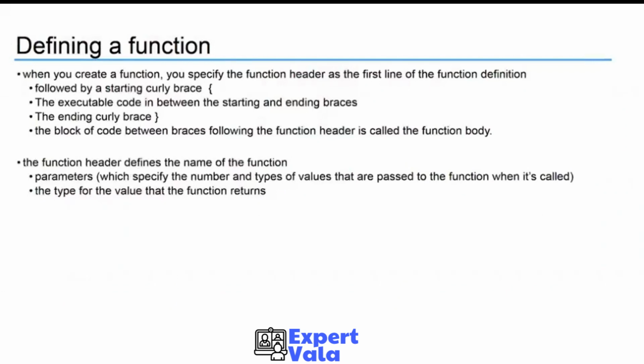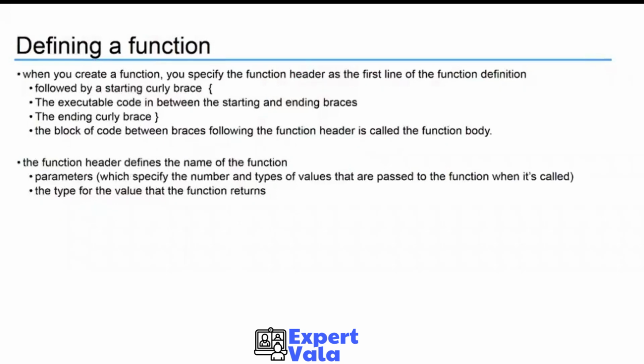We are going to talk about parameters and arguments in detail, but right now you just need to know that there's something called a parameter, and the parameter specifies the number and the types of the values, how you can pass data. Parameters have to do with passing data, and the type for the value that the function returns.